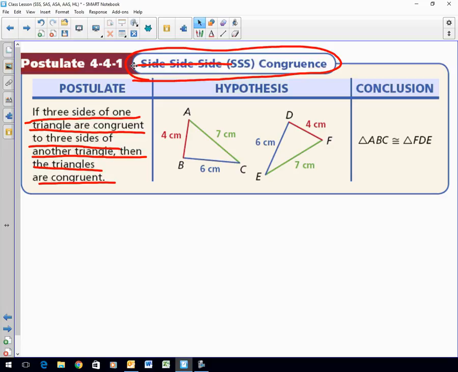So in this example, AB is congruent to FD, BC is congruent to BE, and CA is congruent to EF. We call that side.